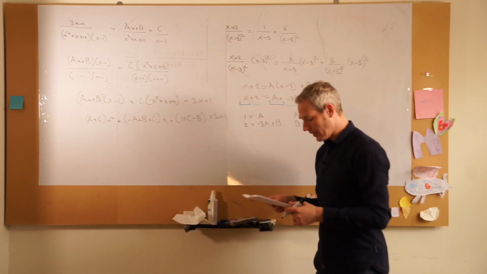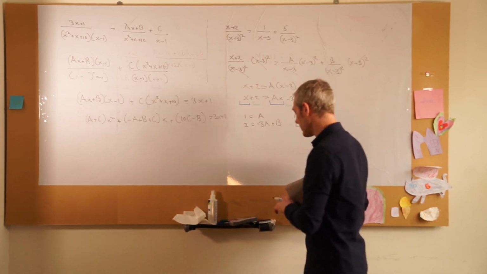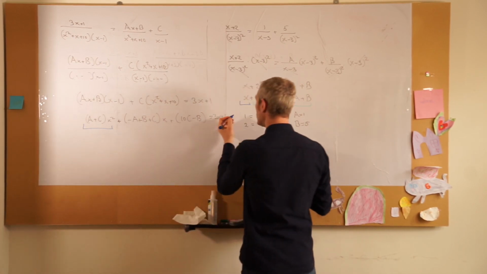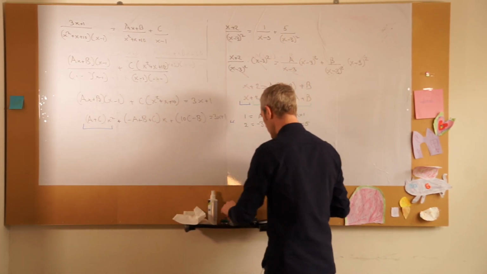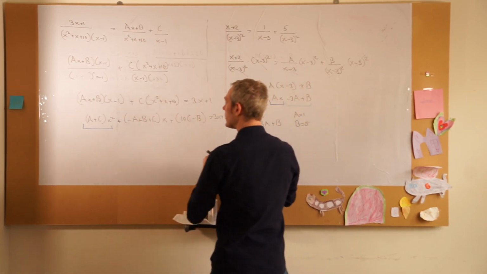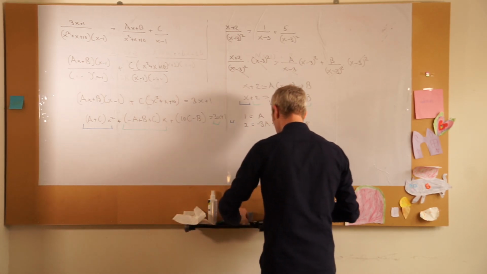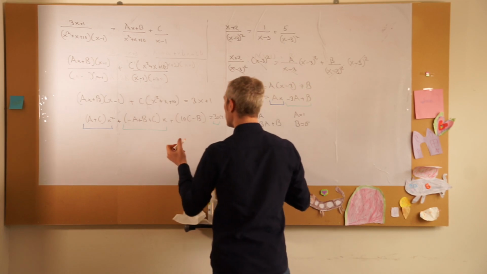The terms with x squared have to be equal to each other. Here we have no x squared term, so that will be 0. Our terms with an x have to be equal, and our constant terms also have to be equal.